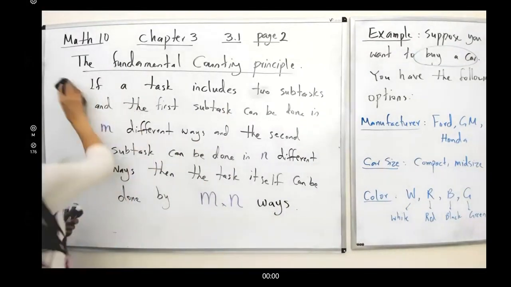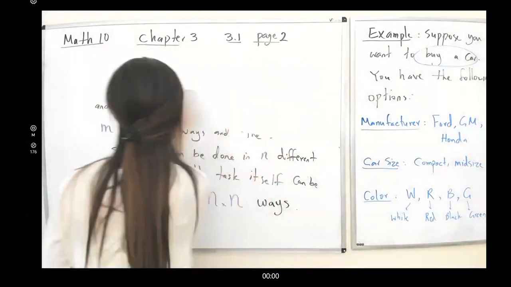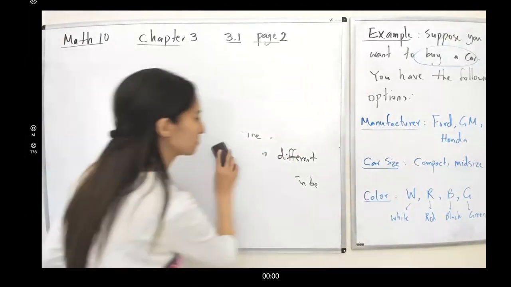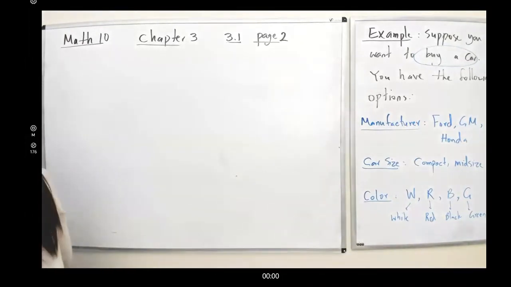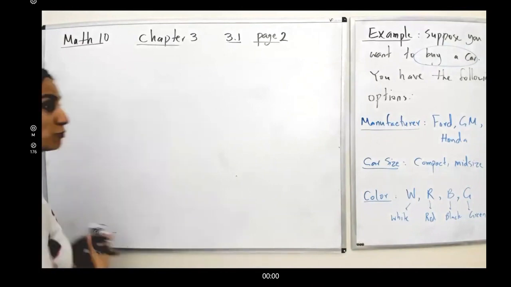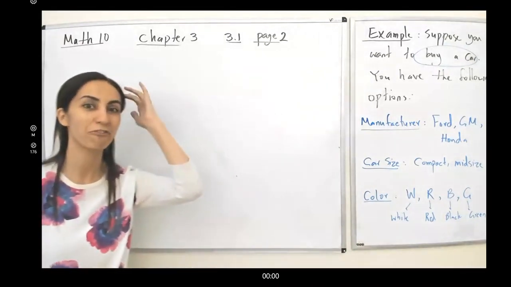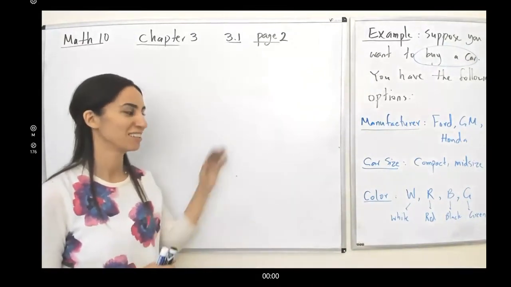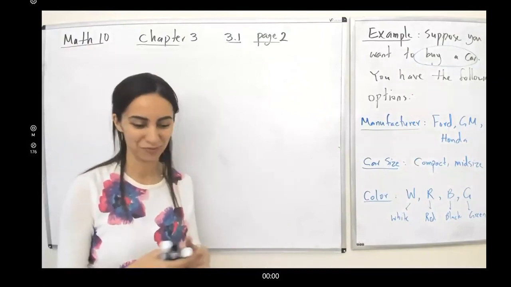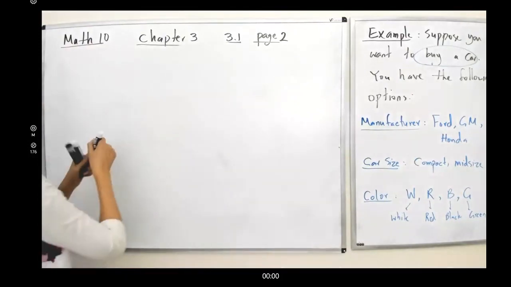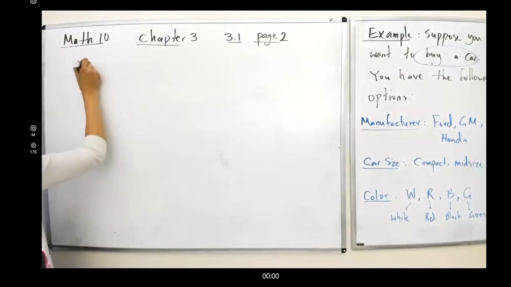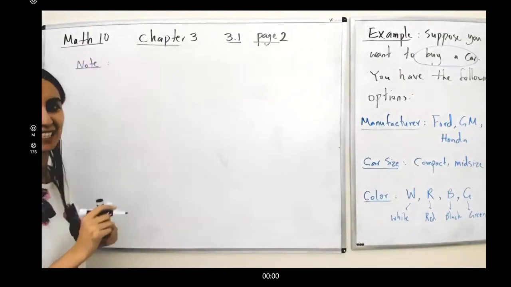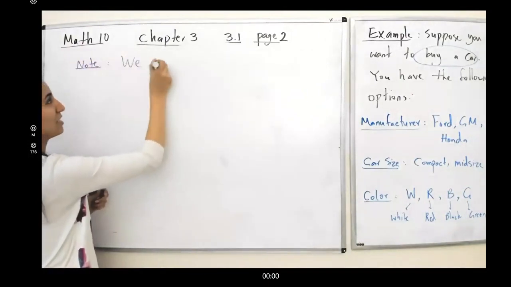What do you think? Would it be 9 ways? 9 ways. So what's the fundamental counting principle? 24. Okay.